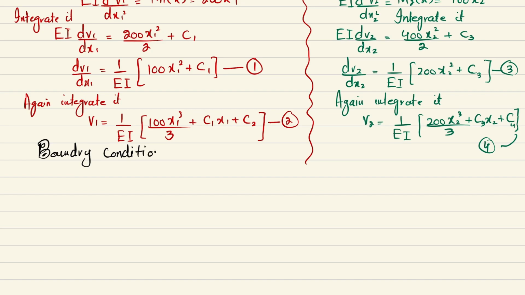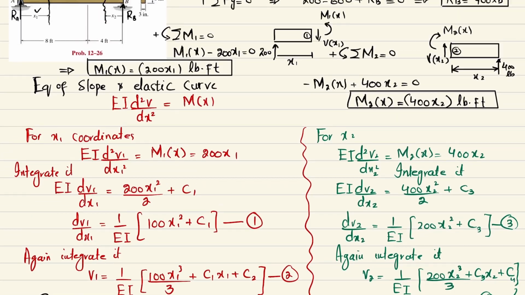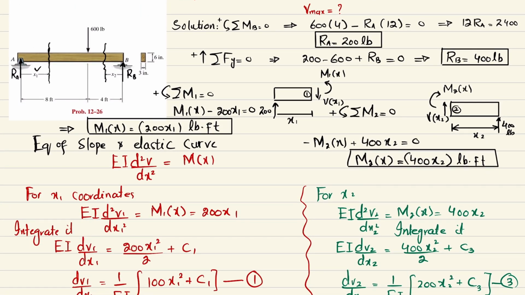So what are the boundary conditions? The first boundary condition is at x1 is equal to 0, v1 is equal to 0. So you have to put it in equation number 2. You can see here at x1 is equal to 0, we have deflection equal to 0 at this point.